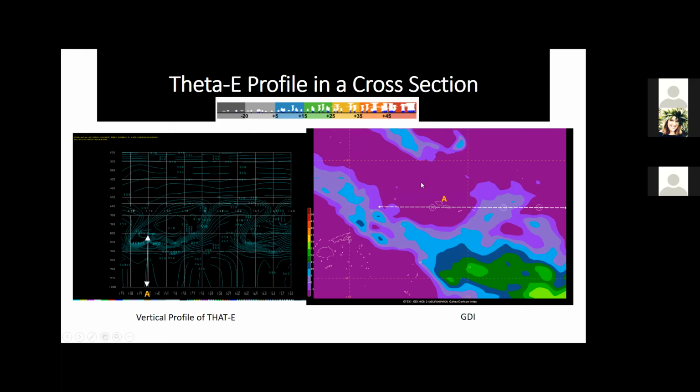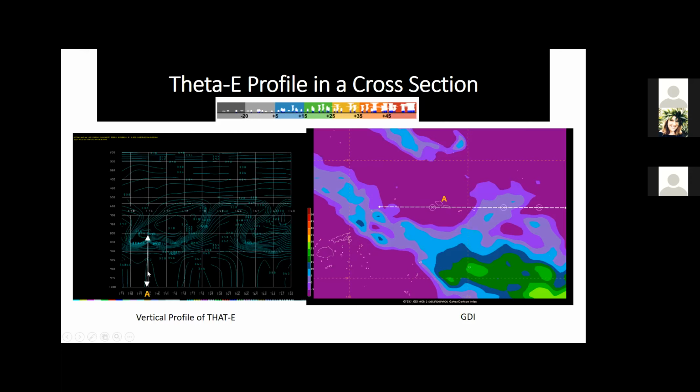Now, looking at a particular point, the GDI shows a very stable air mass nearby the Samoa Islands. If you look at the vertical profile of equivalent potential temperature, notice that it decreases from 360 degrees down to about 349.